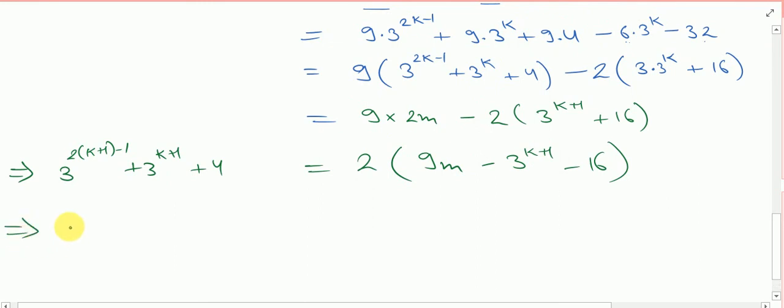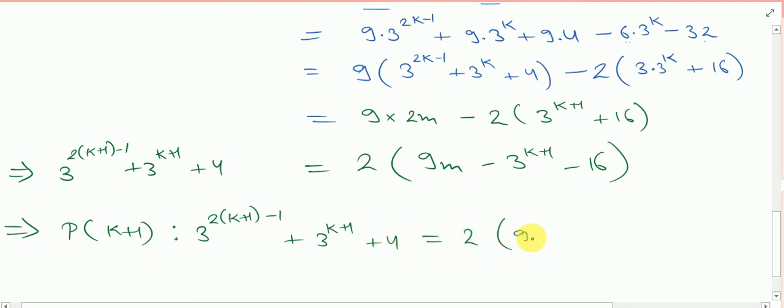And this implies this is the statement Pk plus 1: 3 to the power 2 times k plus 1 minus 3 to the power k plus 1 plus 4 is equal to 2 times 9m minus 3 to the power k plus 1 minus 16.